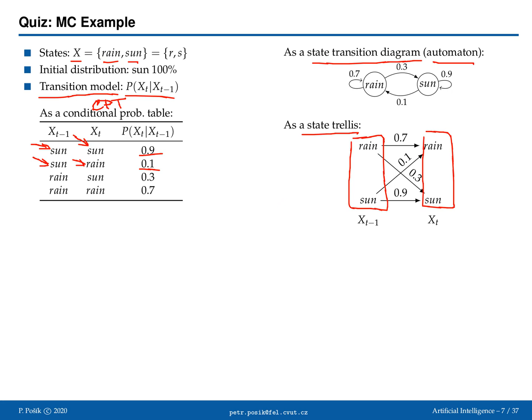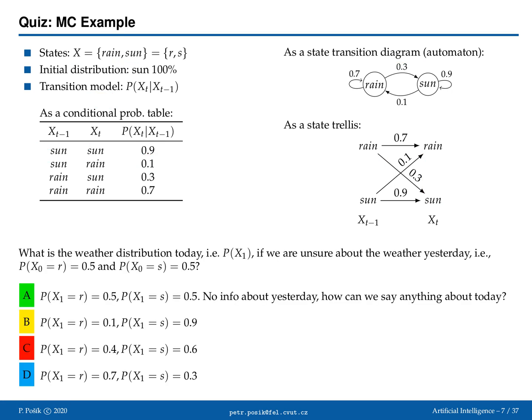Okay, and now the quiz for you. Given this particular Markov chain, or the transition model of the Markov chain, what is the weather distribution today? We ask for the distribution over the two values rain and sun at time 1.